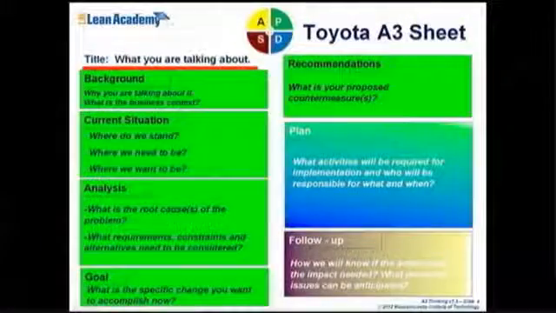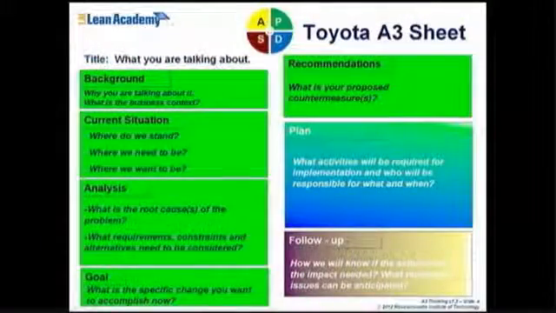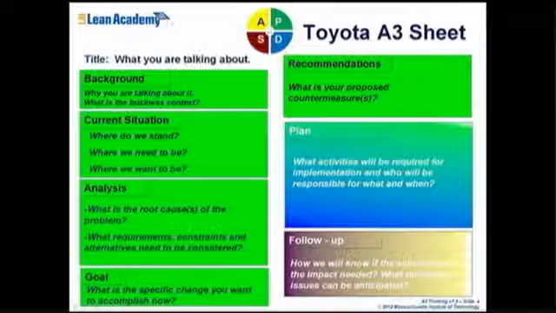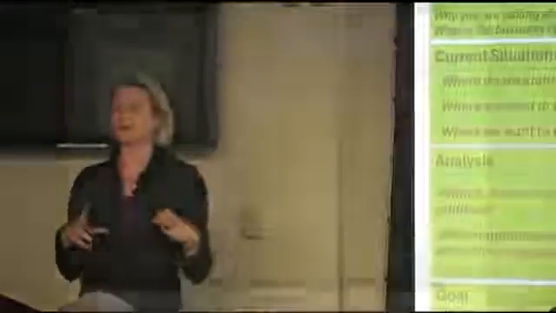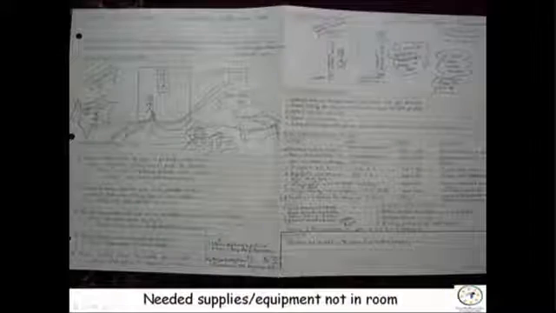So first at the top, you want to start with a title. What is it that you're talking about? What is the focus of your problem investigation? Then there's some background on why you're talking about it in the particular business context for the problem you're examining. Then more detail on the current situation, and you saw in Susan's representation some great pictures and diagrams. Pictures can be worth 1,000 words. They're very helpful in communicating that.